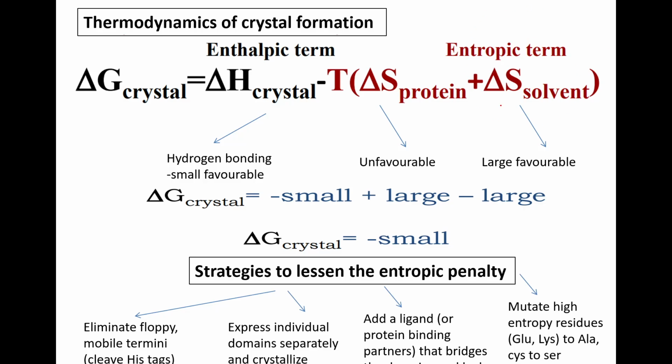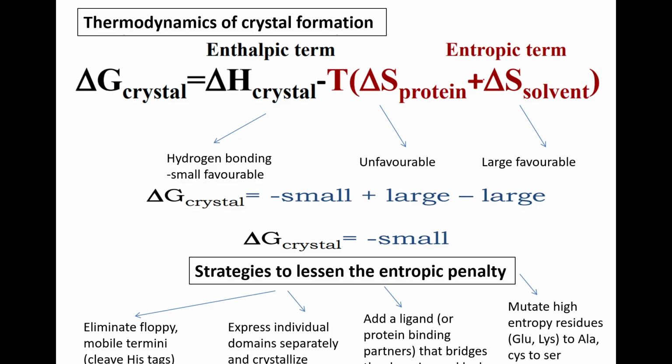That's why your delta S solvent is largely favorable, and this large favorable term is masking the unfavorable entropy of your protein, making this entropic term negative. Because this is much larger, the unfavorable term is less unfavorable compared to the large favorable entropy of the solvent, making it a little bit negative.